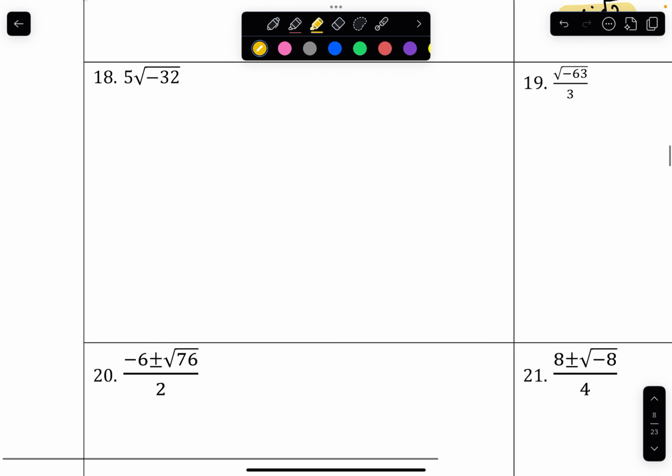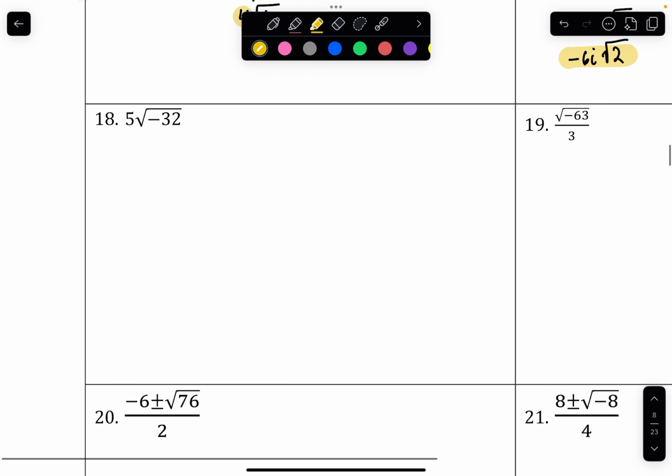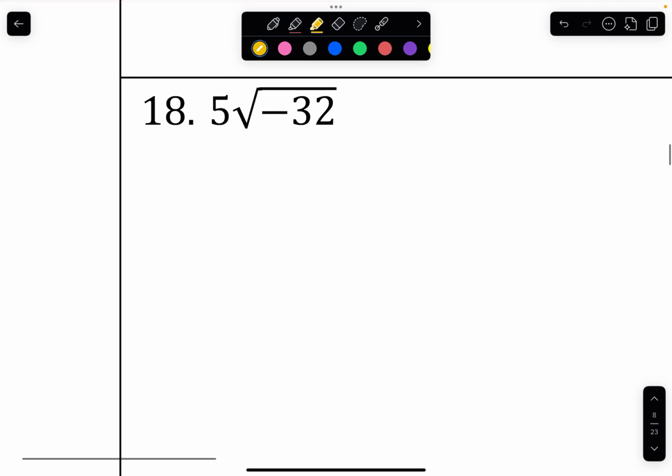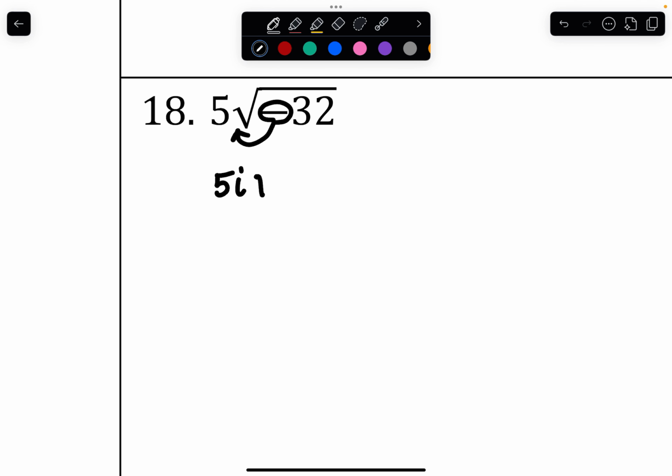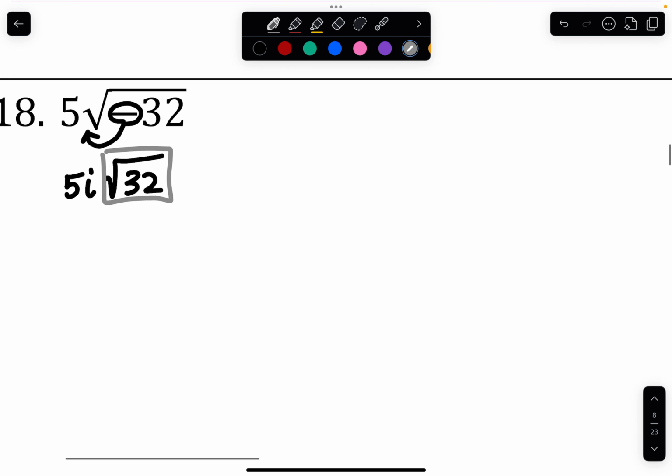And so we're going to have some numbers outside the radical. And so here we have a 5 sitting outside the radical. You just kind of ignore it for now. And so noticing there's a negative, we're going to have an i with the 5. And then just focus on your square root of 32 like we've been doing.